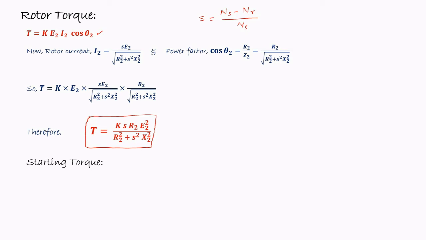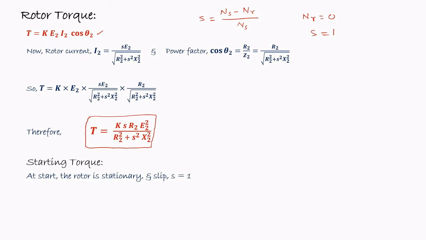Now, the starting torque. At start, the rotor is stationary. Therefore, the slip value will be equal to 1. That we can easily find out from the slip relation, it is Ns minus Nr upon Ns. During starting condition, Nr will be equal to 0. Therefore, slip will be equal to Ns upon Ns, and that will be equal to 1.